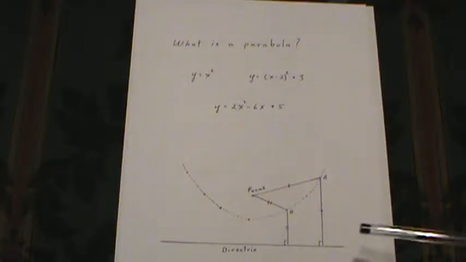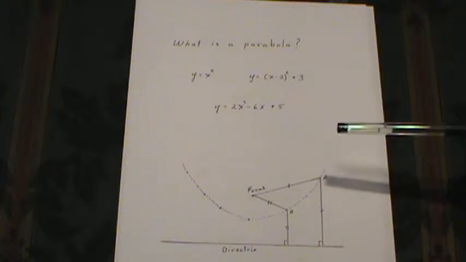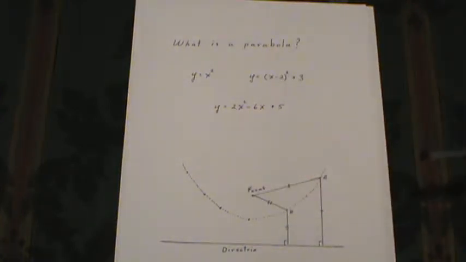Now, a parabola simply is a set of points that are all the same distance from a fixed point called a focus and a fixed line called a directrix. A little more complicated than a circle that just has a fixed point called a center and the distance remains the same.